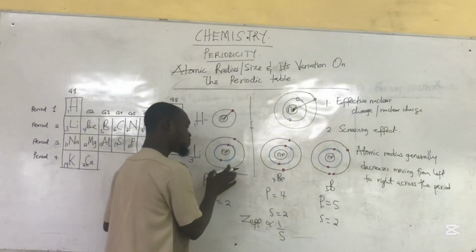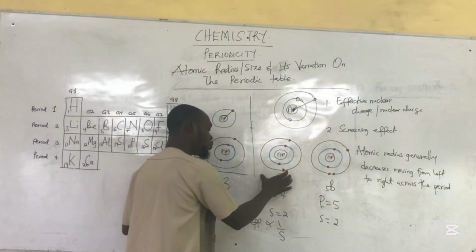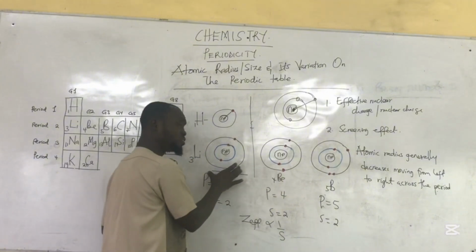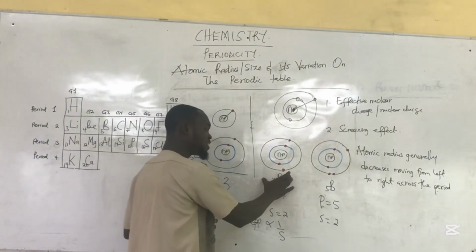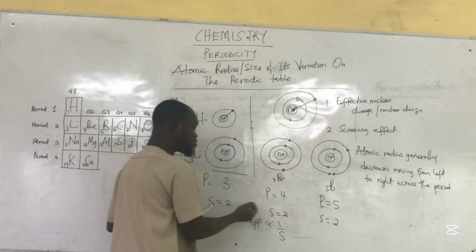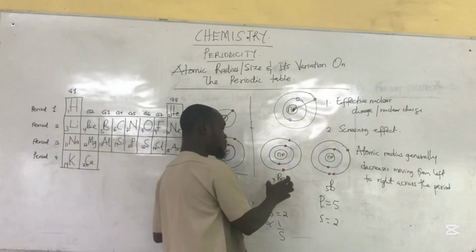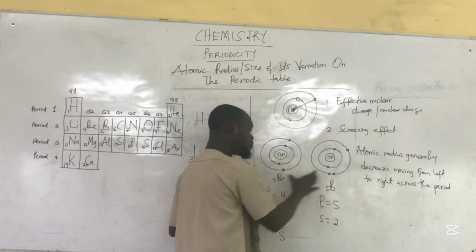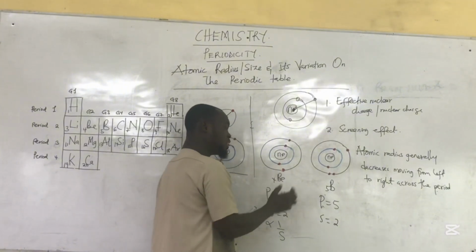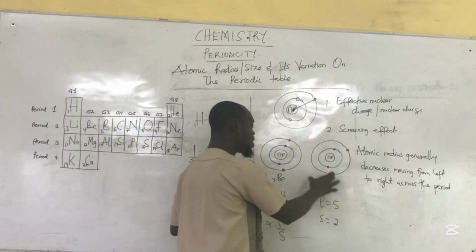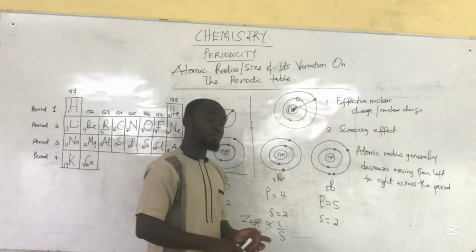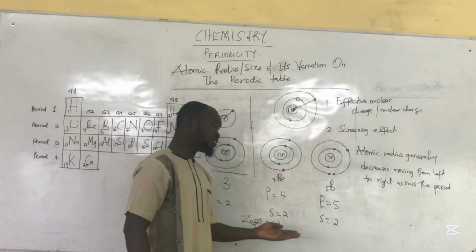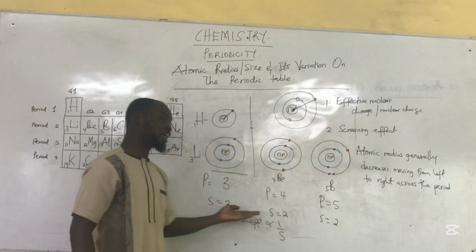So the radius in beryllium will be smaller than that of lithium because the proton attraction in beryllium is greater than that of lithium. Once you get to beryllium and then boron, the radius of boron will be smaller than that of beryllium. Why? Because the proton attraction in boron is greater than that in beryllium. But the screening electrons are kept constant.